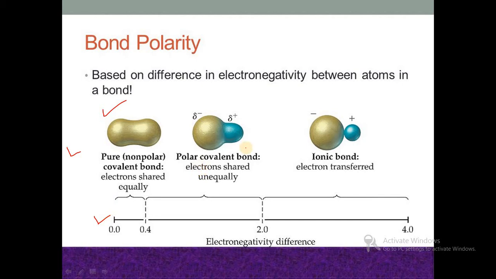The second one is a polar covalent bond, in which electrons are shared unequally, as in this diagram, which carries delta negative and delta positive charge, and the electronegativity difference is about 0.4 to 2.0. The last one is a pure ionic bond, in which an electron is transferred from one atom to another atom, which carries negative and positive charge, and there is a high electronegativity difference, that is 2.0 to 4.0.